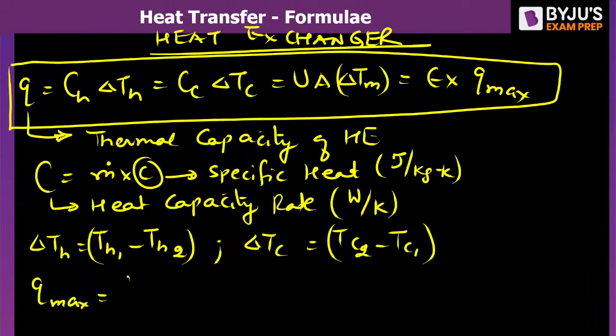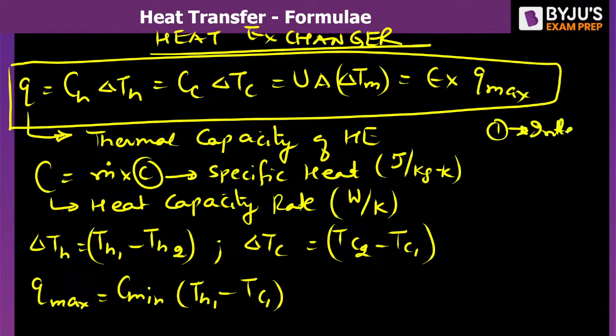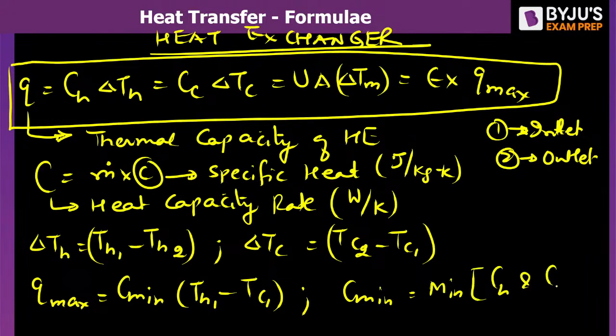Q maximum is equal to C minimum into TH1 minus TC1. 1 for inlet, 2 for outlet. Inlet temperature is 1, outlet temperature will be 2. And where C minimum is minimum among CH and CC.